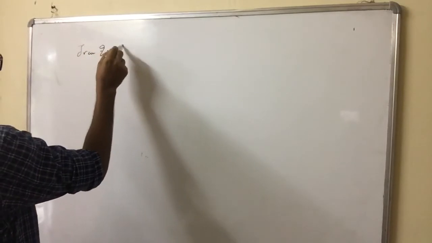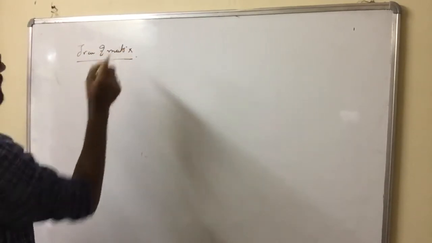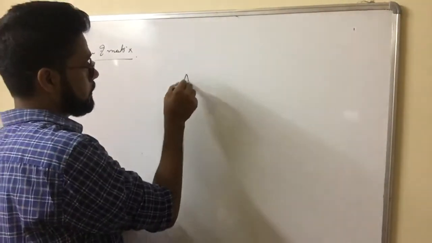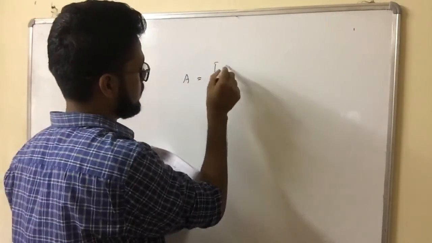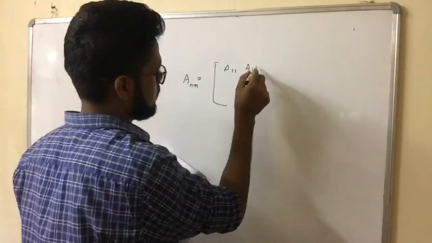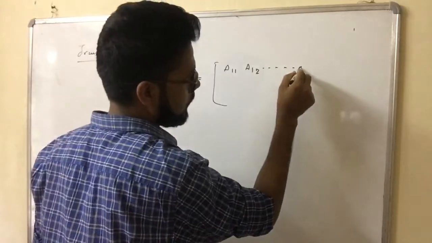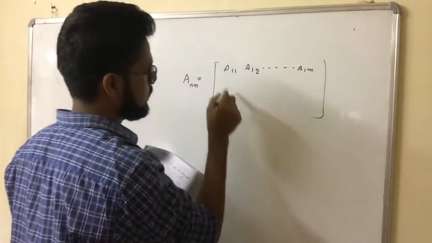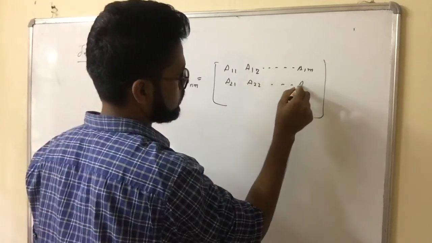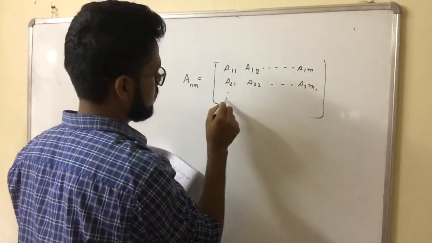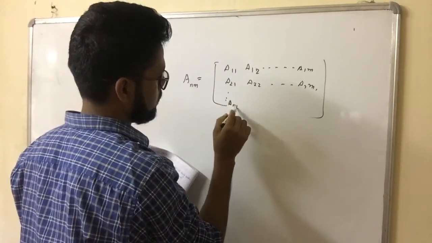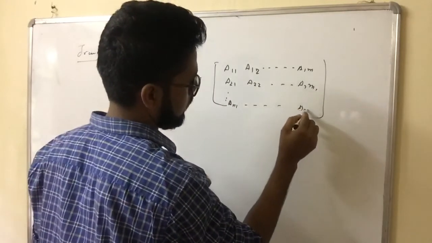So what is the trace of a matrix? Suppose A is a matrix with elements A11, A12, ... A1M, then A21, A22, ... A2M, down to AN1, ... ANM.